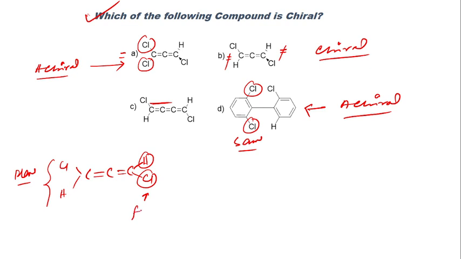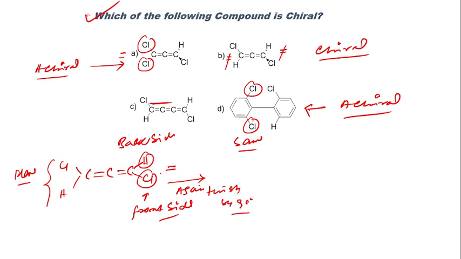Let's say these are on the front side and these are on the back side. As we extended one more double bond, again twist by 90 degrees. If we twist again by 90 degrees, what is present on the back side comes on the plane. So C double bond C double bond C double bond C. Here it is now on the plane and Cl is on the plane.